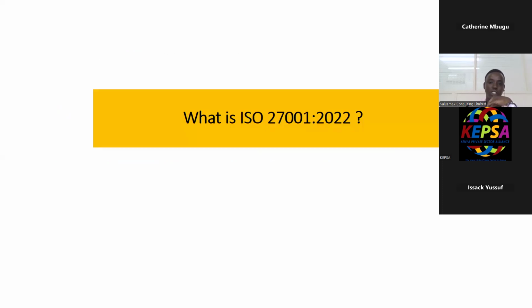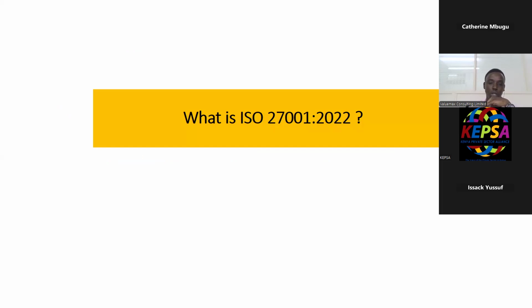So now, what's the solution for all this? In case you want to protect your data or to have a good structure for managing information security risks and to demonstrate to your clients that you really manage your information security, there's this standard called ISO 27001:2022.